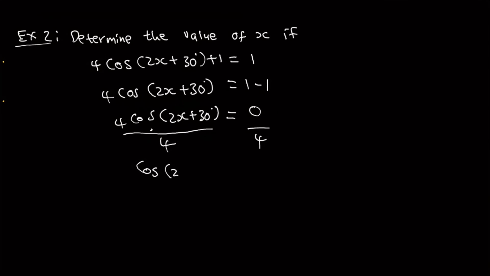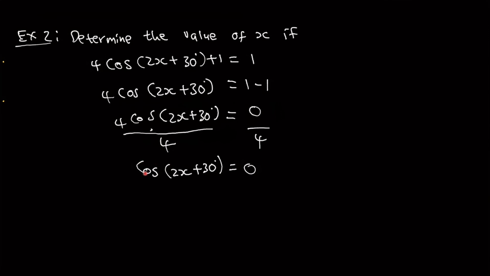And this side, 0 divided by 4 is 0. Now, if you check here, I have cos (2x plus 30) equals 0.